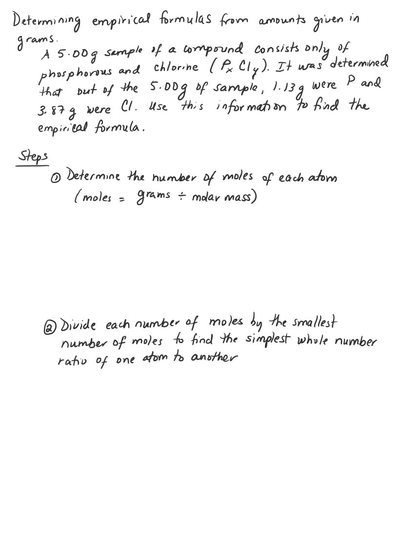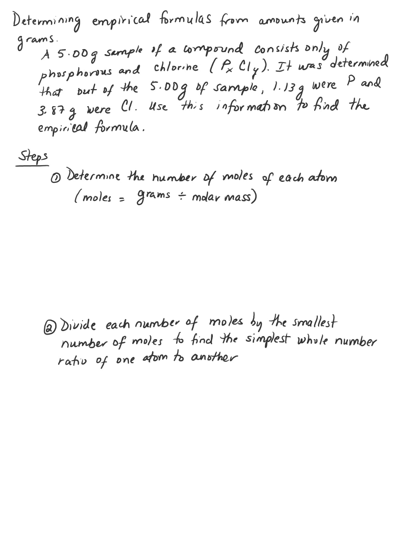So I have here an example which is going to be similar to what you have to do in the experiment for your calculations. So you have a sample that is 5 grams in total.